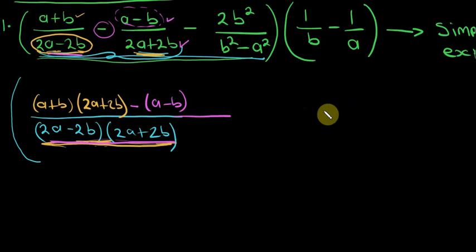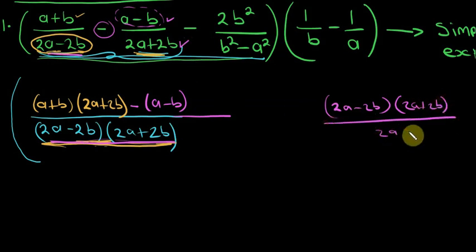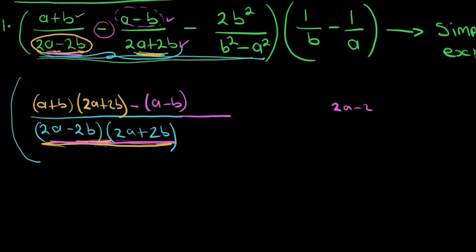That is, 2a plus 2b divided by 2a plus 2b cancel out, which leaves 2a minus 2b. So it's just multiplying with the denominator that is not of the numerator, 2a minus 2b.